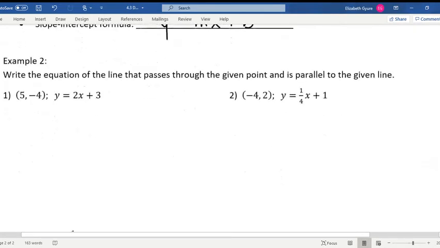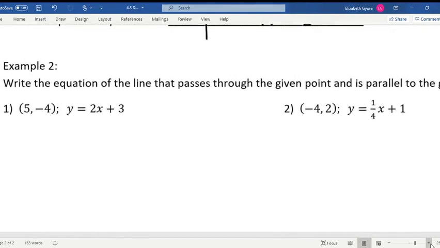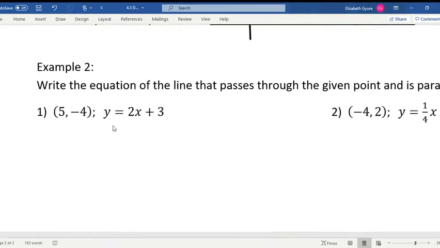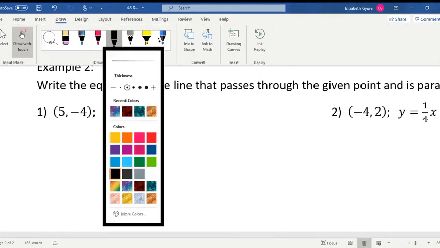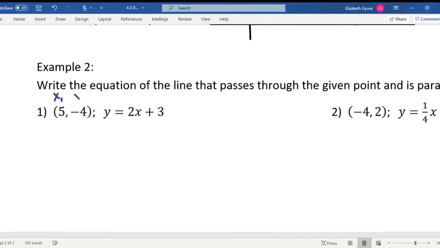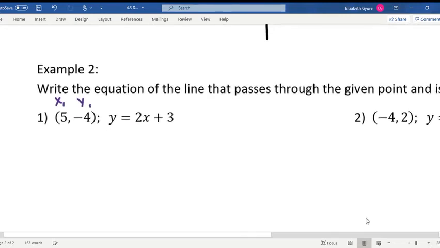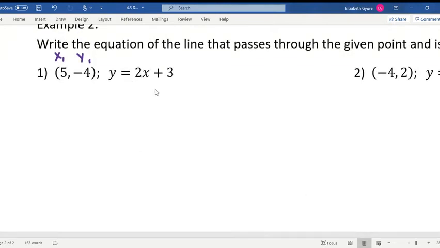Okay. So let's go look at number 1. We have a point here. So remember, your point is your x1, y1, and then your slope. Now, what's the slope of this line here? y equals 2x plus 3.